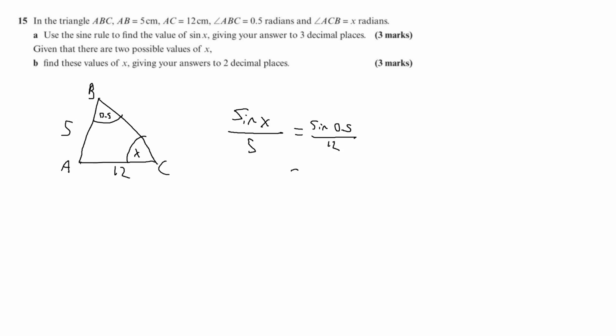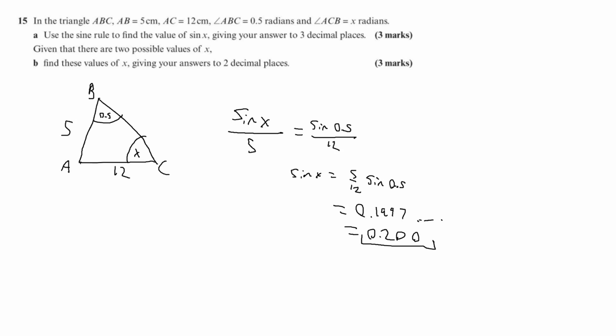And so therefore, sine x is going to be 5 over 12 times sine 0.5, which is the same as, let's plug that into our calculators, 0.1997, which rounds up to 0.200, okay? Now, given that there are 2 possible values for x, find these 2 values, giving your answer to 2 decimal places.